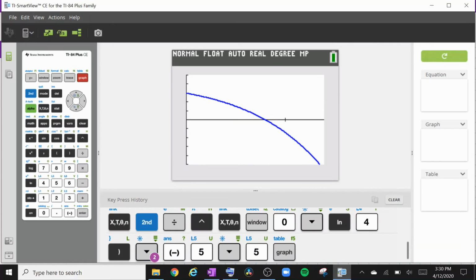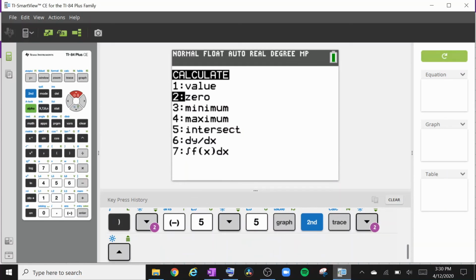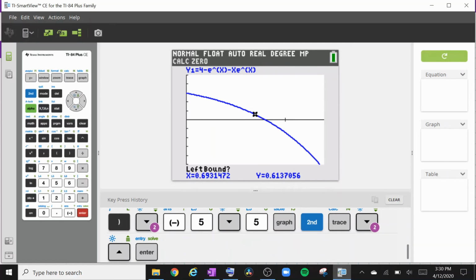So where does the function go from a positive value to a negative value? Well, it's going to be right here. To calculate that, we go to second, trace, and go down to the 0. Hit left bound, go to the right. Hit right bound, go to the left.